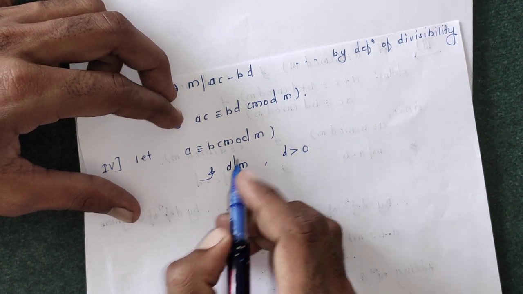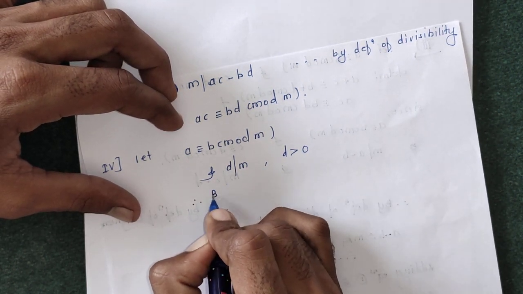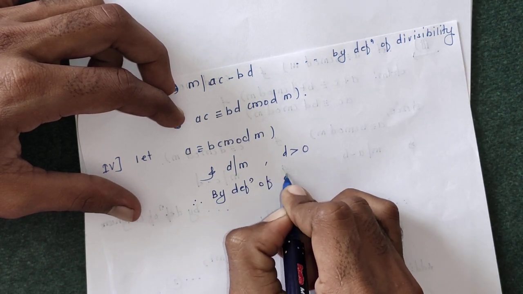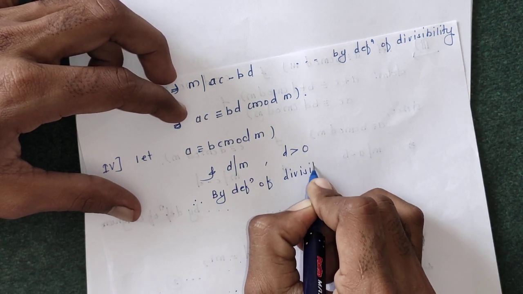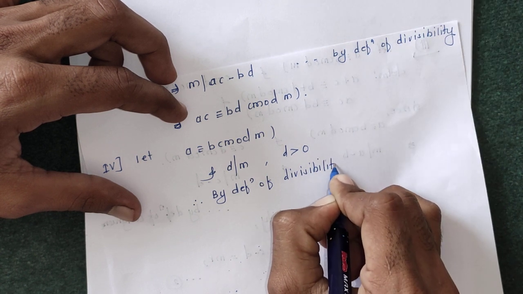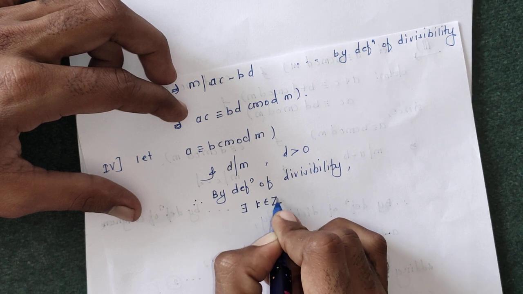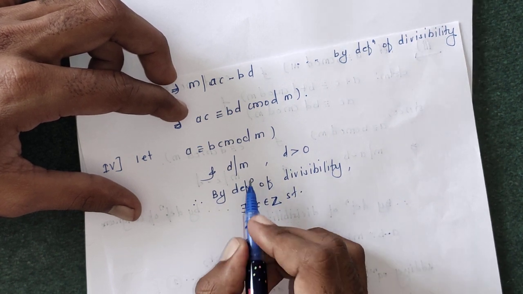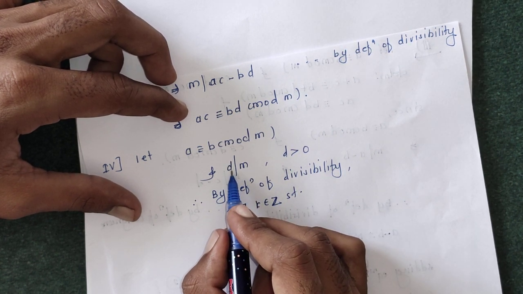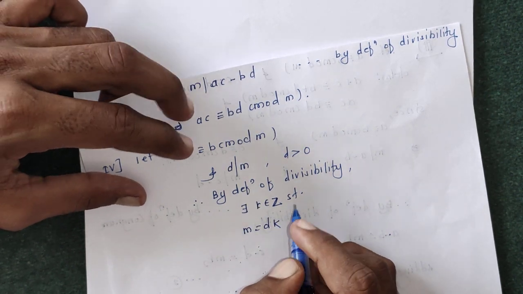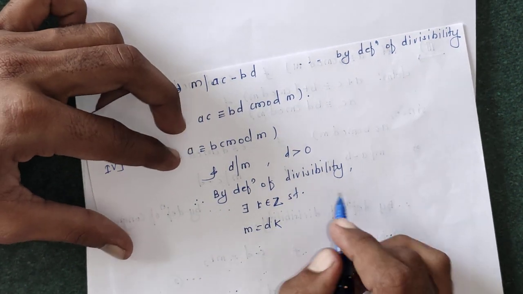So here D divides m, so we can use the definition of divisibility. By definition of divisibility, there exists an integer k such that m is equal to d into some k.